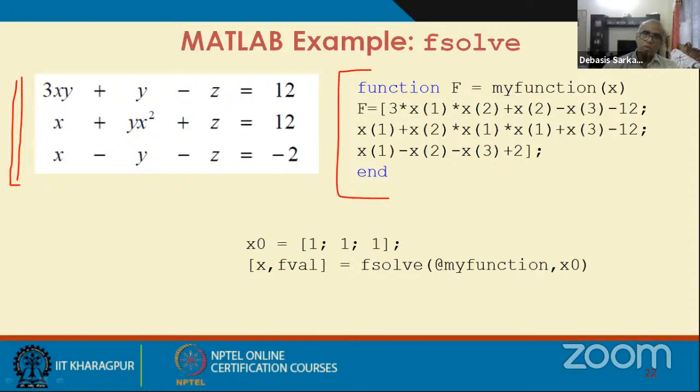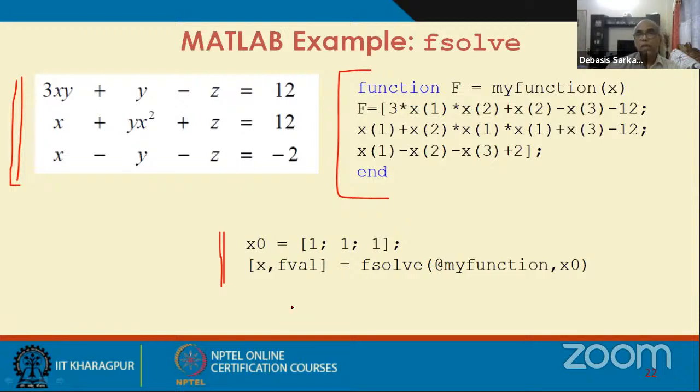The MATLAB commands are all very similar. This fsolve is basically a function that is available with the Optimization Toolbox. This solution is posed as an error minimization problem, so it's posed as an optimization problem and solved.